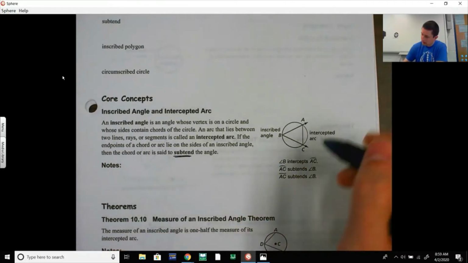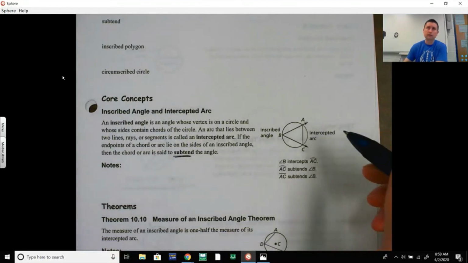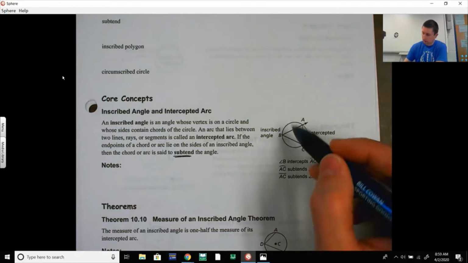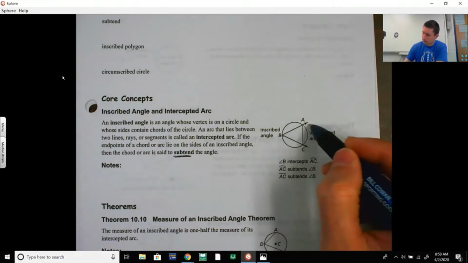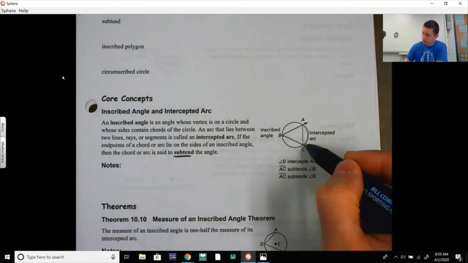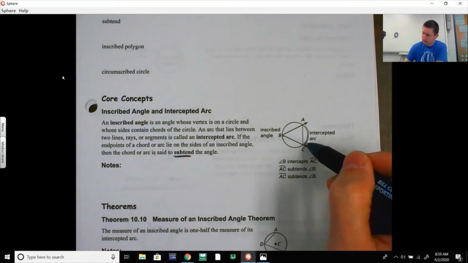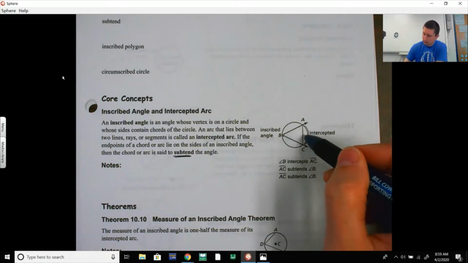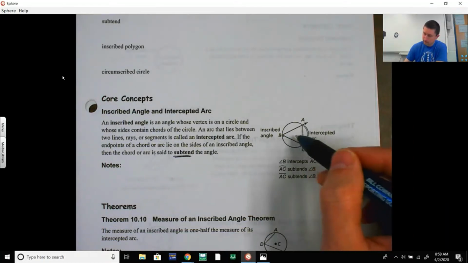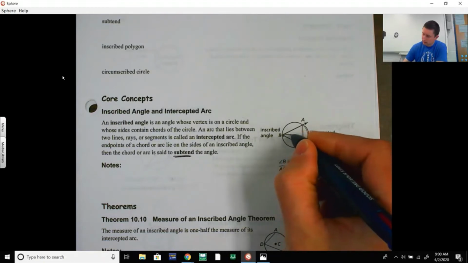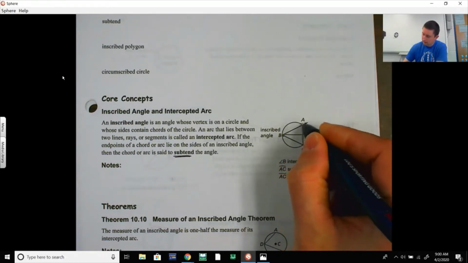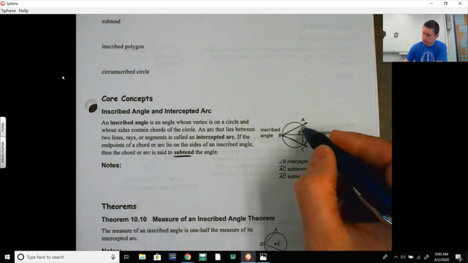So AC is just saying what is included within the inscribed angle. Okay, so I have angle ABC, which is an inscribed angle because the vertex is on the circle. The intercepted arc is referring to it subtends angle B. And this chord right here from A to C also subtends angle B. Now keep in mind, if I was going to draw an angle bisector, that would make an isosceles triangle, and a right triangle, it also bisects this chord.